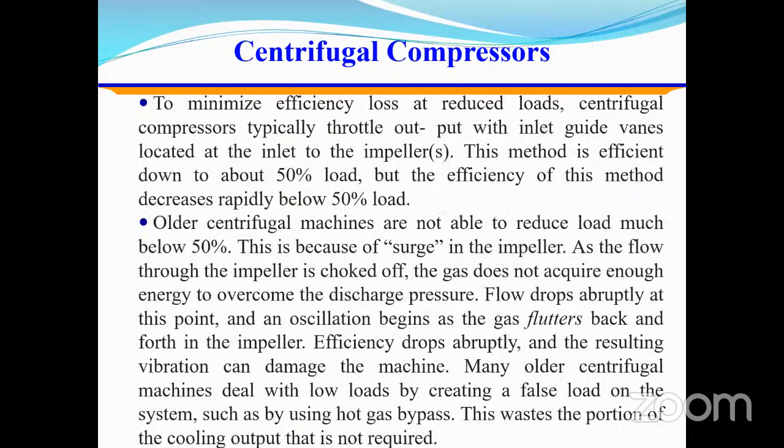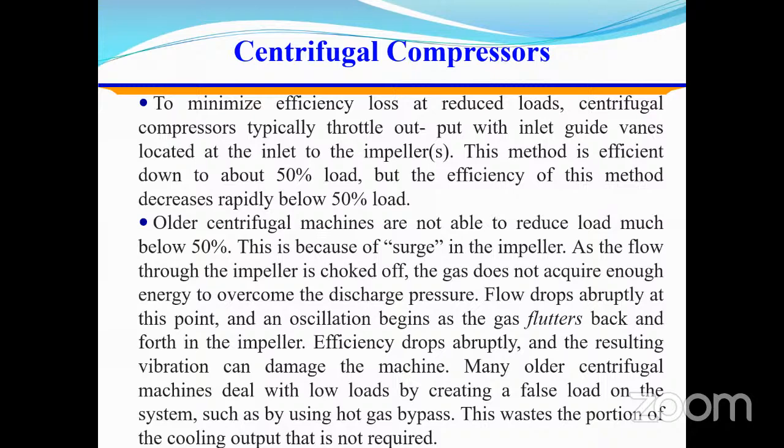To minimize efficiency loss at reduced loads, centrifugal compressors typically throttle output with inlet guide vanes located at the inlet to the impellers. This method is efficient down to about 50% load, but the efficiency of this method decreases rapidly below 50% of load. Older centrifugal machines are not able to reduce the load much below 50%.